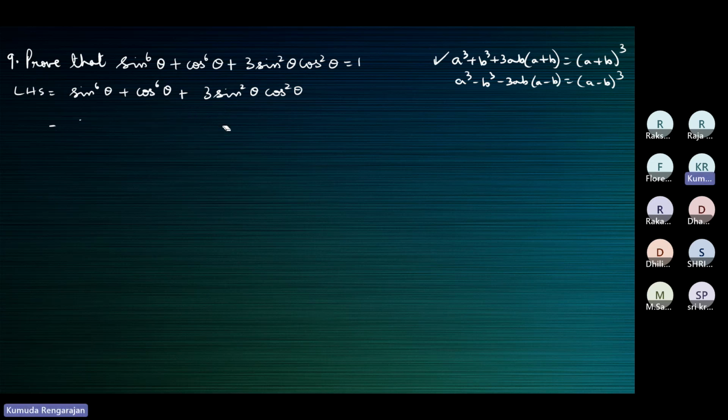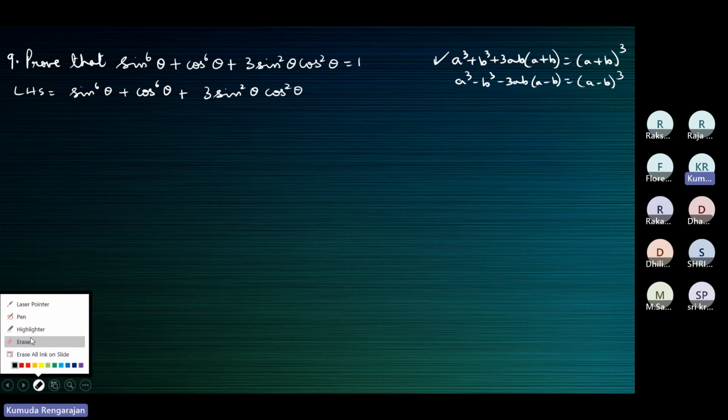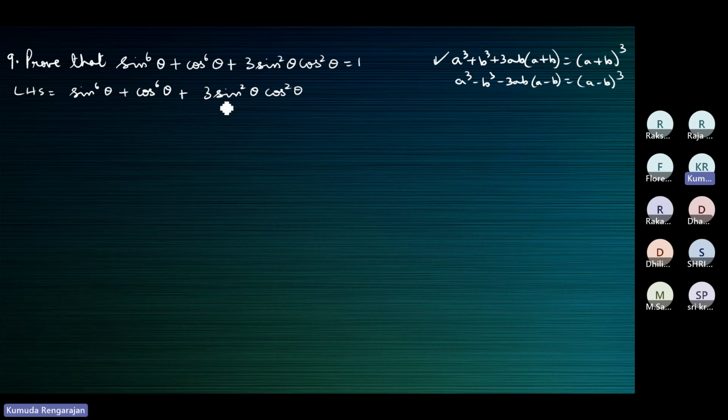So since you have a term that can be written as a the whole cube, you have another term that can be written as b the whole cube, and then you have something that looks like 3ab. So we are trying to write this expression in the form a the whole cubed plus b the whole cubed plus 3 into a into b into a plus b.